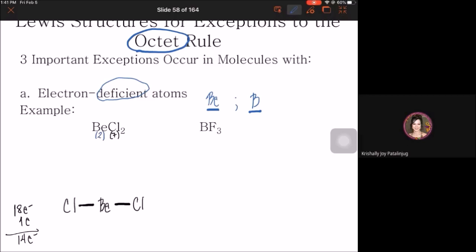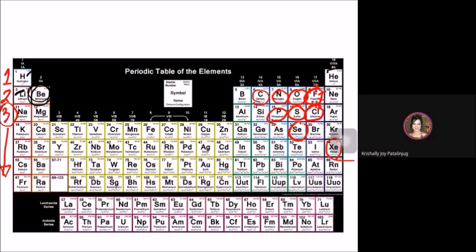Okay, nalipat pala ako. Ang pagkuha sa valence electron, you have to refer to the group number. Kapag A elements, kung saang group siya belong, that would be their valence.